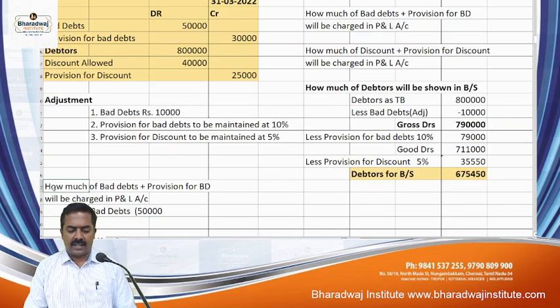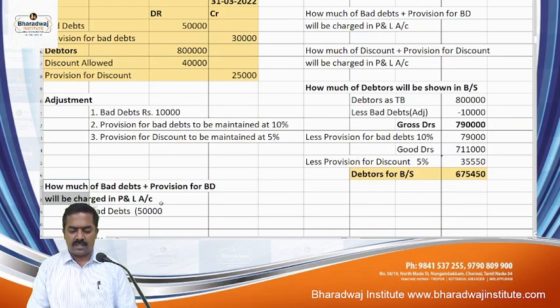How much of bad debts plus provision for bad debts is to be charged in the P&L account? Bad debts already how much is there? 50,000 plus additional bad debts discovered 10,000 alone. 60,000 will come. Then provision for bad debts.